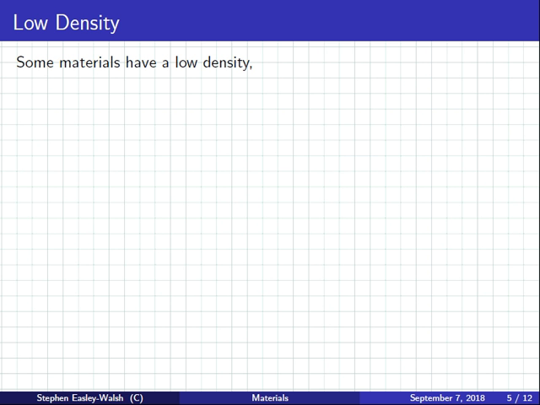Something lower? Hydrogen, nitrogen, helium. Oh, helium. Yeah, because it's very low, 0.179.